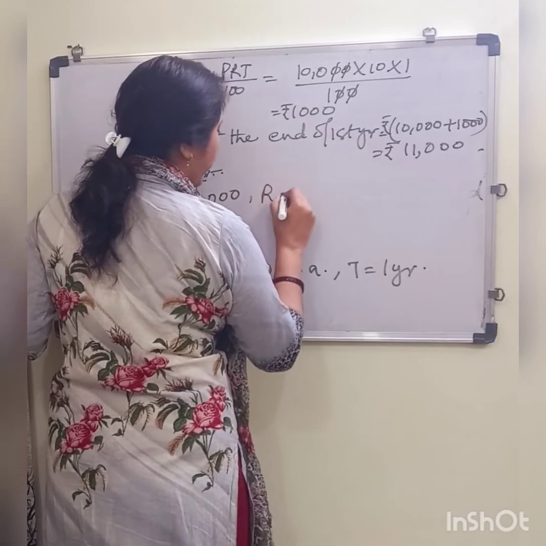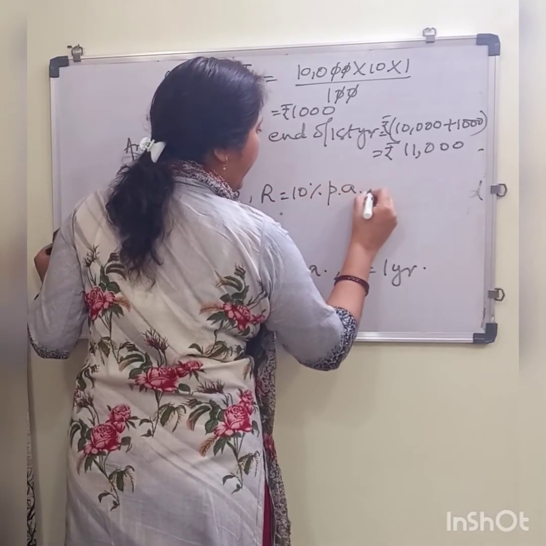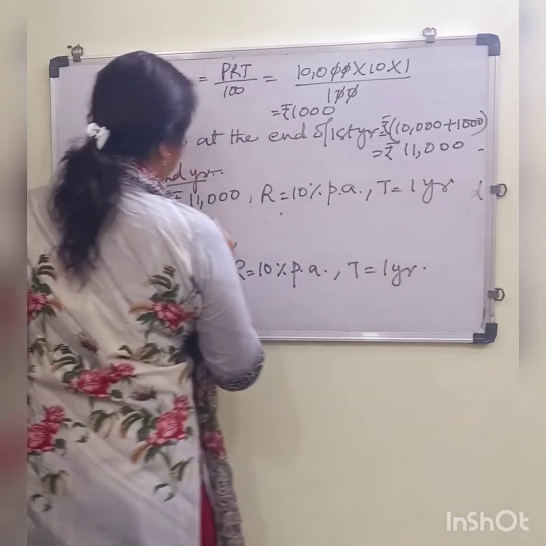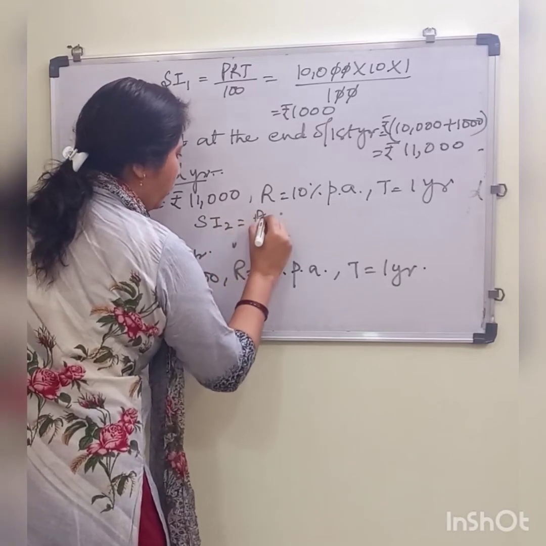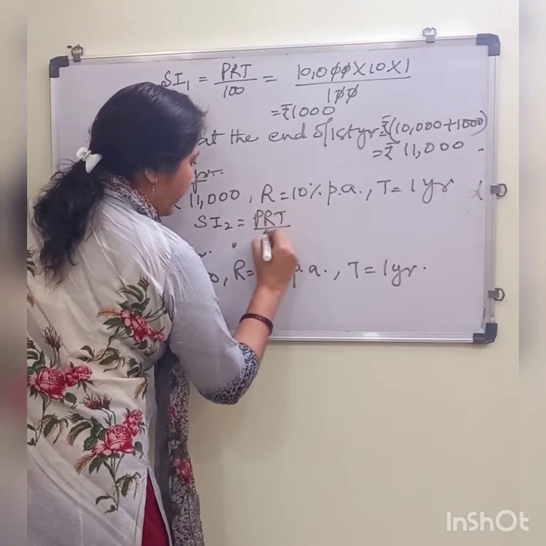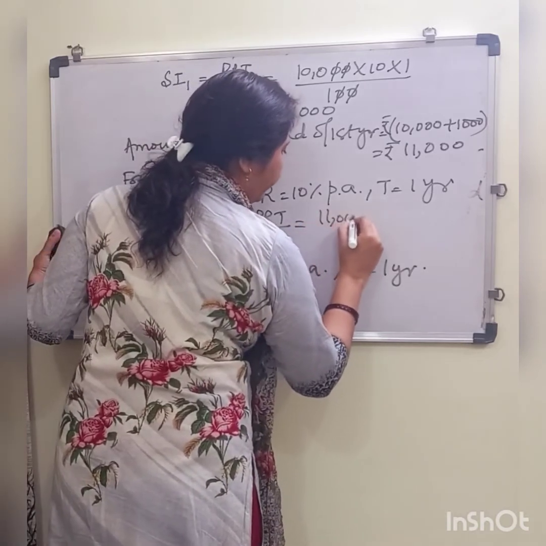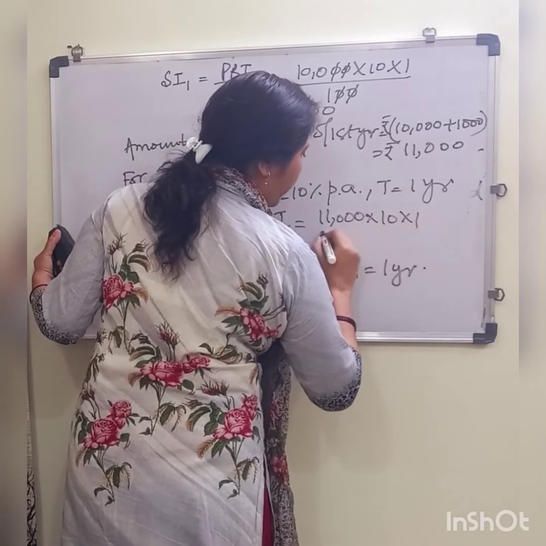Rate is 10% per annum and time will remain 1 year only. Use the formula SI2 is equals to PRT over 100. That means 11,000 into 10 into 1 over 100.